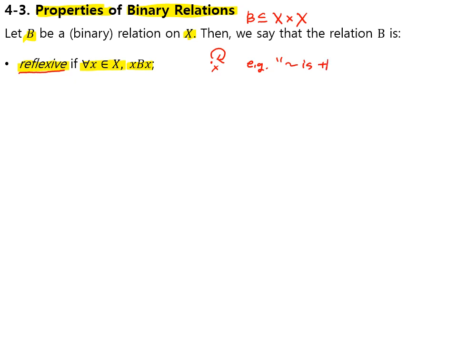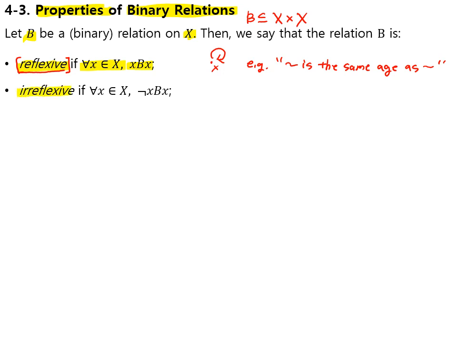We can see that everybody is the same age as themselves. I am the same age as me. Therefore, the relation "is the same age as" is reflexive. Okay, so that's what it means. The next relation is irreflexive.